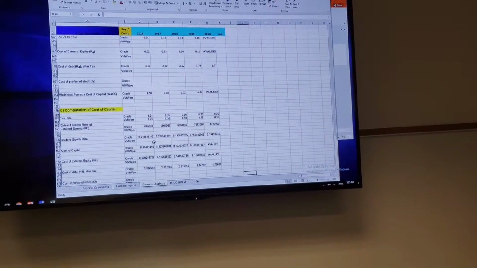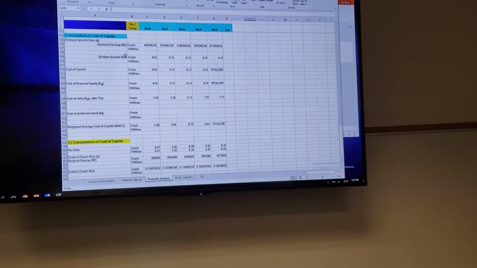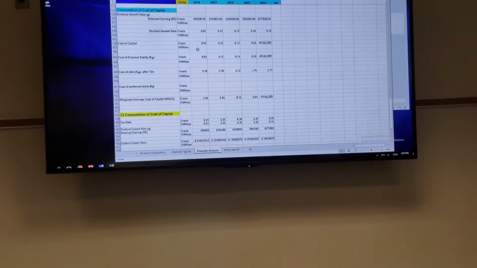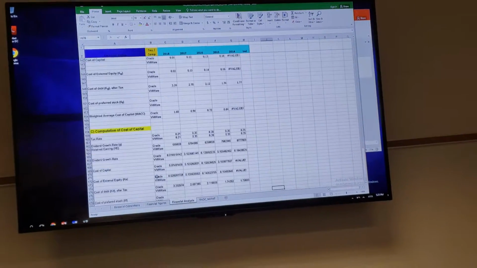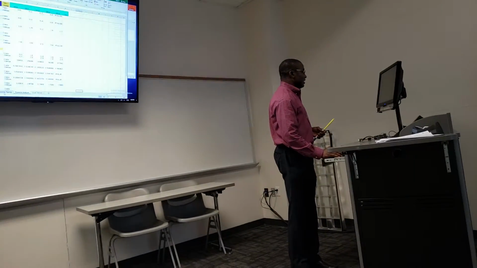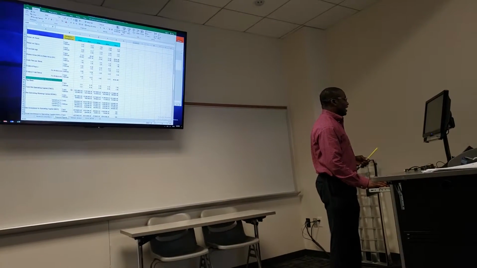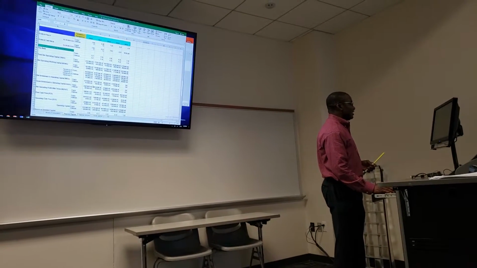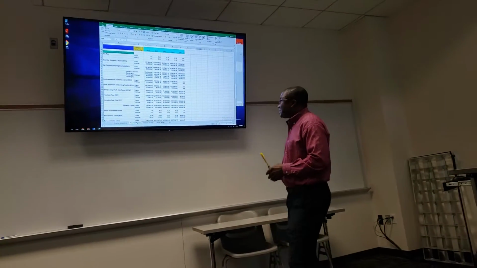And then I also computed the cost of capital for the companies, and these are the statistics for that. Besides that, I did computation of accounting measures, and these are the figures that we generated from the accounting measures.